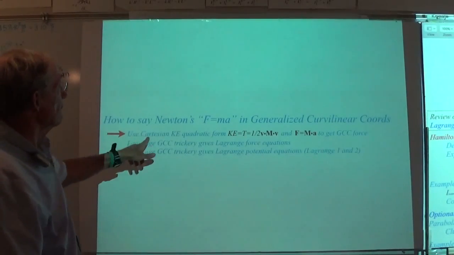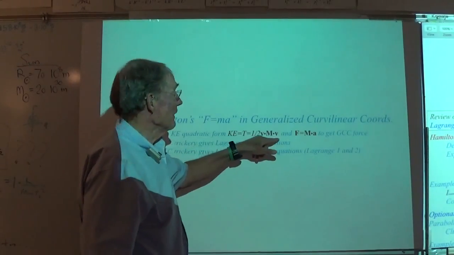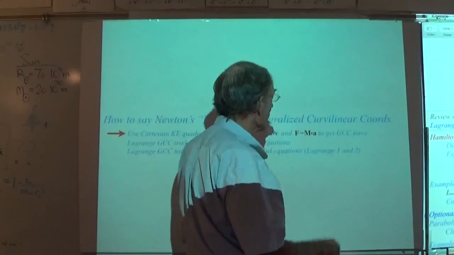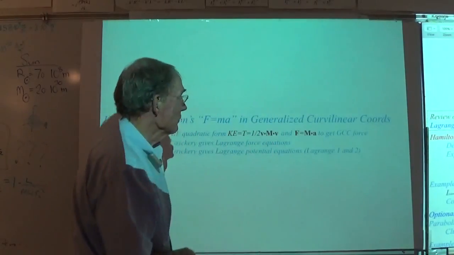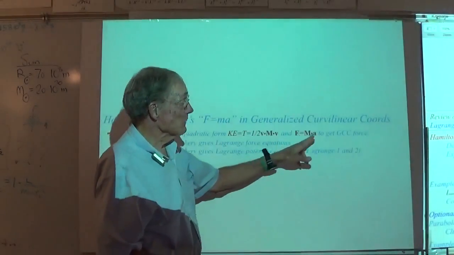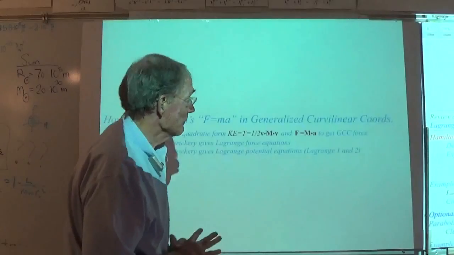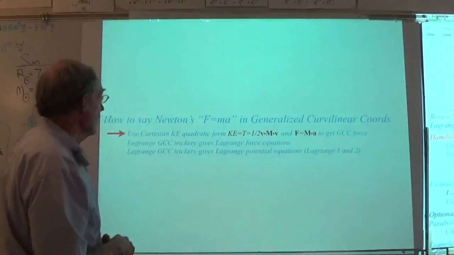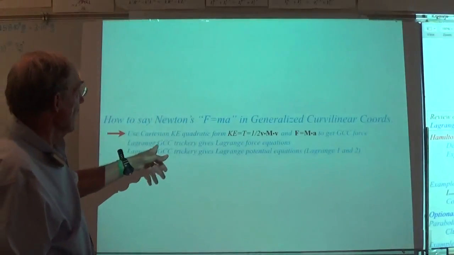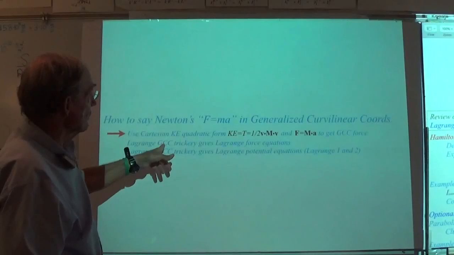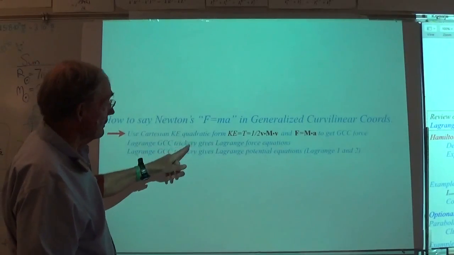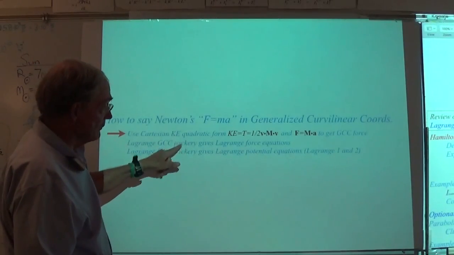So we're going to first of all have a look again at what you would expect the kinetic energy to be and what F equal ma would look like using queer coordinates, Q's, and we're going to see Lagrange has some nice little trickery, just a few little tricks here.